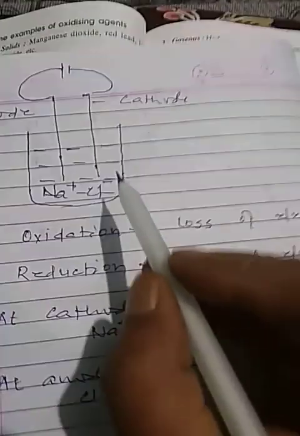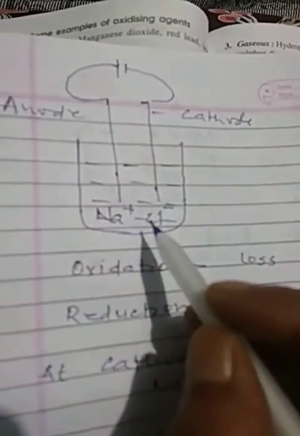When sodium chloride is added in water, it dissociates to form sodium ion and chloride ion, and these ions are responsible for passing the electric current.